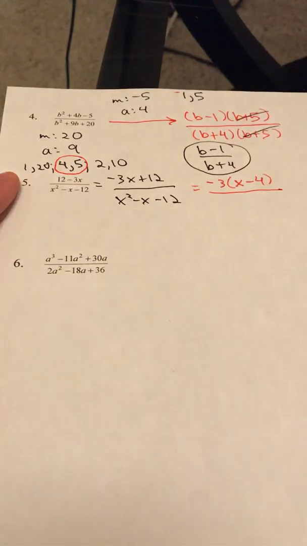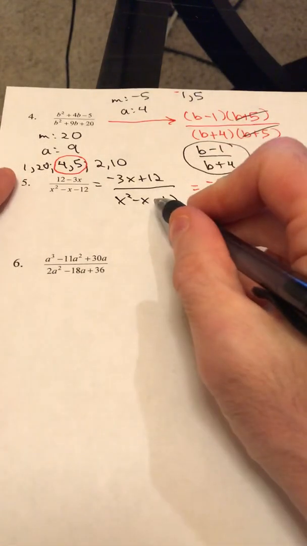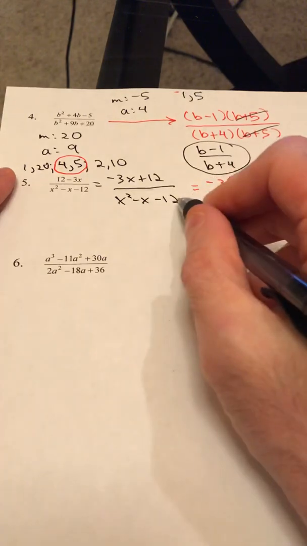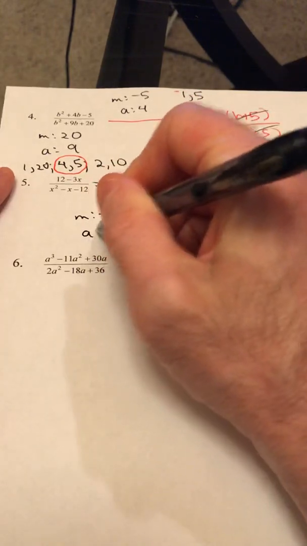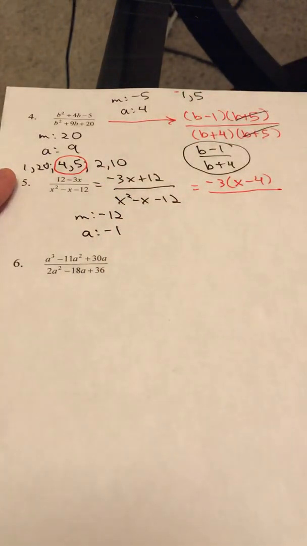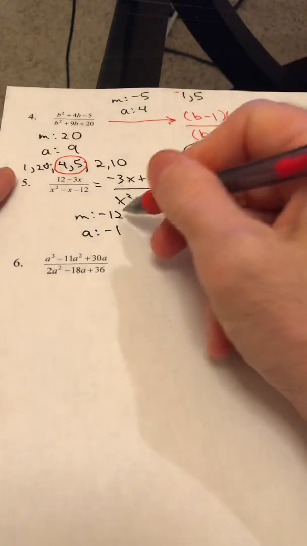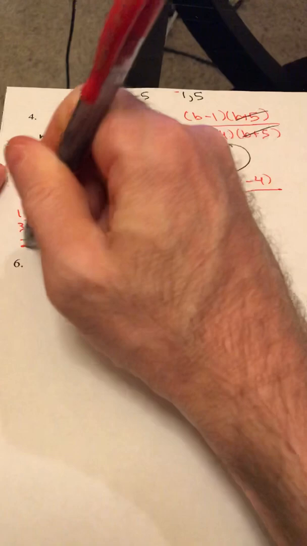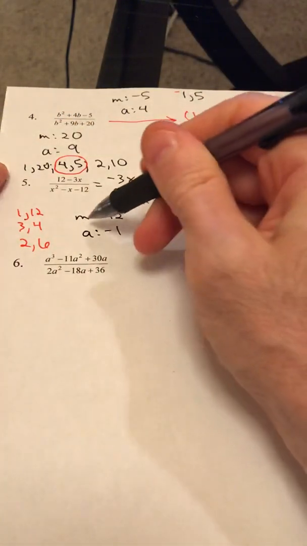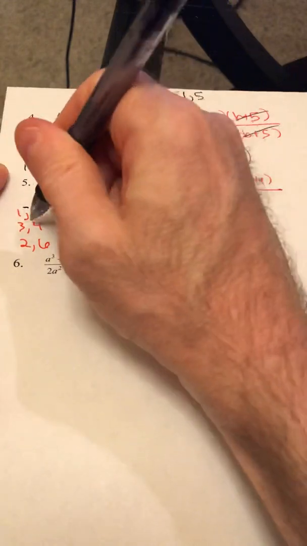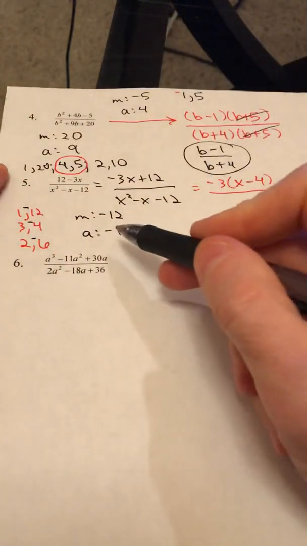Now, as far as factoring x squared minus x minus 12 goes, what multiplies to -12 adds to -1. Well, what multiplies to 12? 1 and 12, 3 and 4, or 2 and 6. Now, if it adds to a negative, that means the bigger number has to be negative.